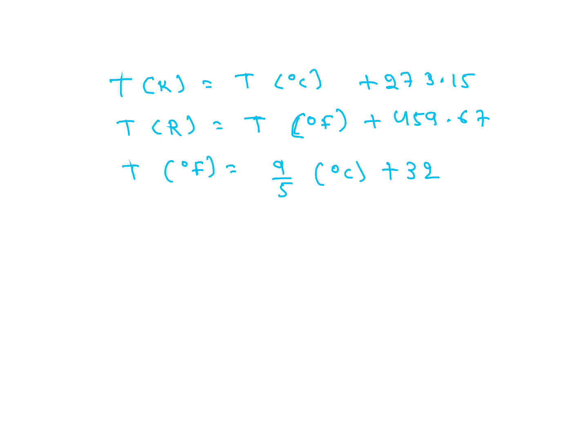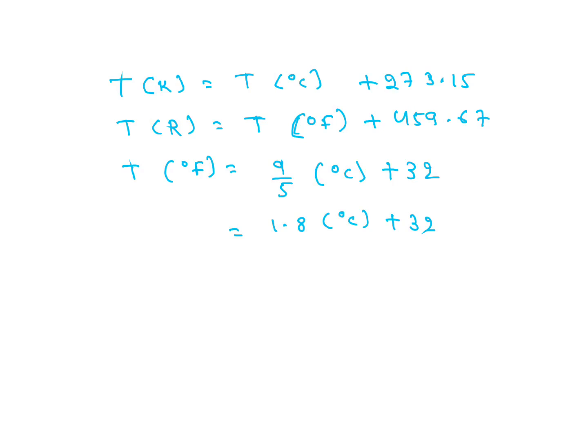For Rankine scale, temperature in Rankine equal to temperature in degree Fahrenheit plus 459.67. And Fahrenheit and degree Celsius relation is T equal to 9/5 times degree Celsius plus 32. We can write it as 1.8 times degree Celsius plus 32.